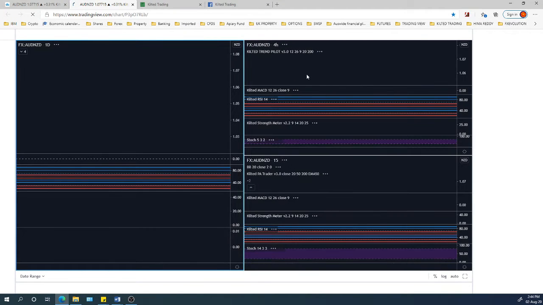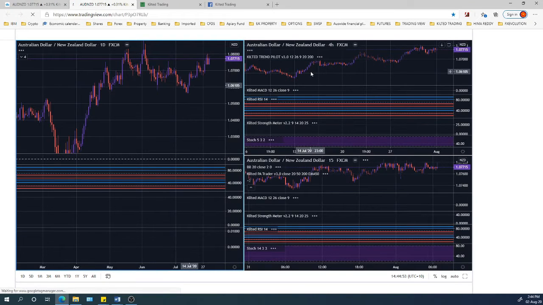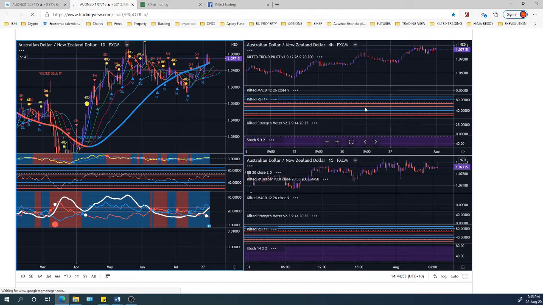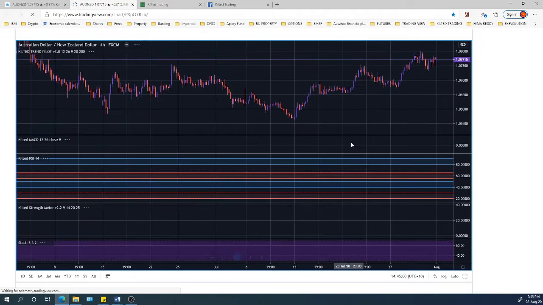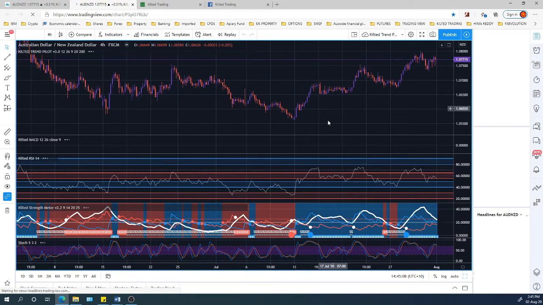I just want to show you the, hopefully that line's still drawn there. We'll get into the 4 hour chart. Still loading. It will come up.